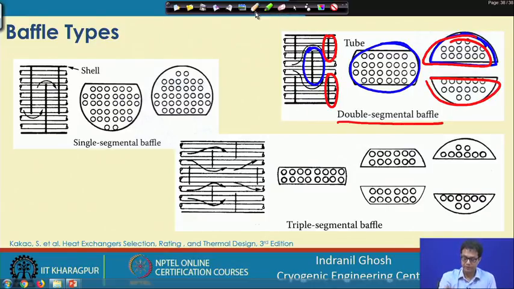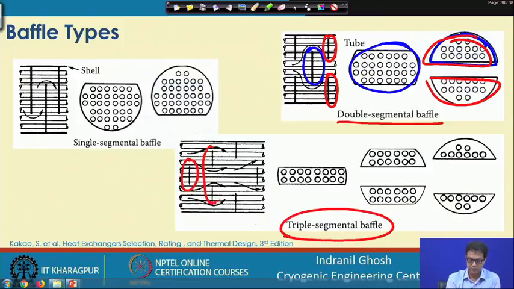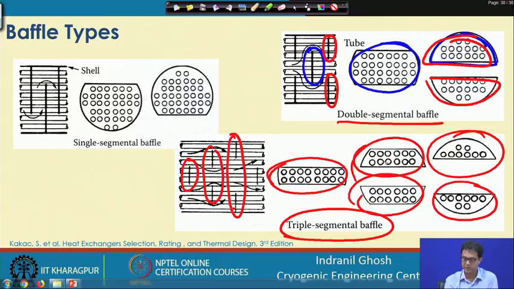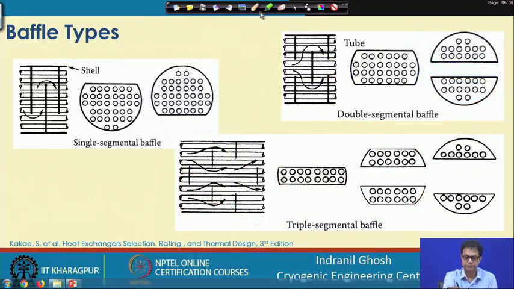Similarly, we have the triple segment baffle. This one, this two, and this two, these three constitute a single unit for the baffle. First this is one part, then we have this part, and then this part at this end. They are arranged in sequence.